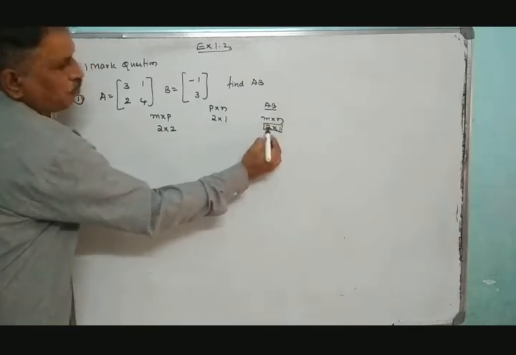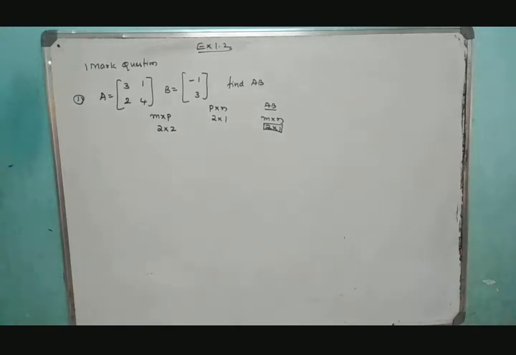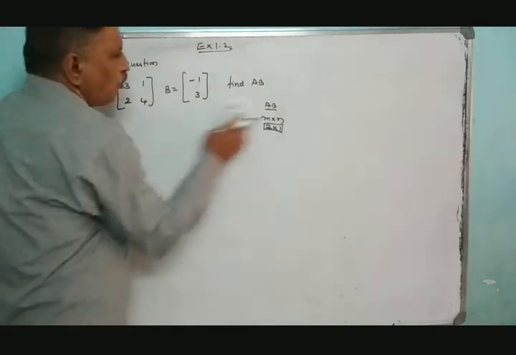The order of the product AB will be 2 cross 1.